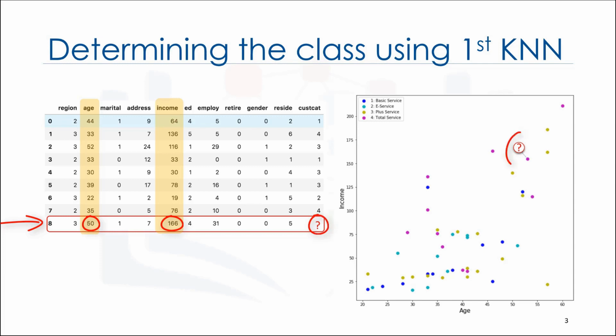Can we find one of the closest cases and assign the same class label to our new customer? Can we also say that the class of our new customer is most probably group 4, i.e. total service, because its nearest neighbor is also of class 4? Yes, we can. In fact, it is the first nearest neighbor.